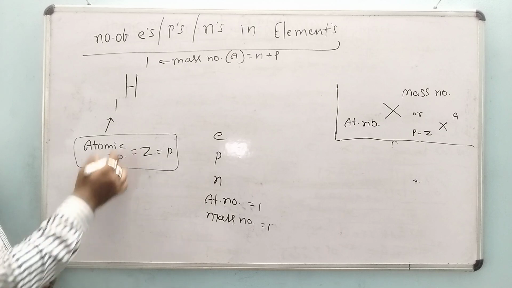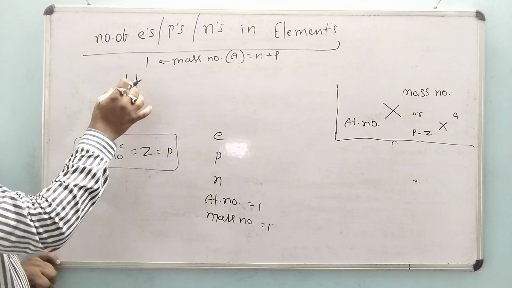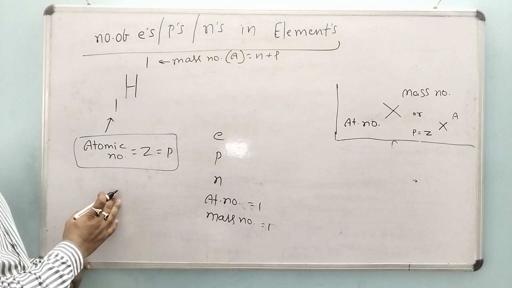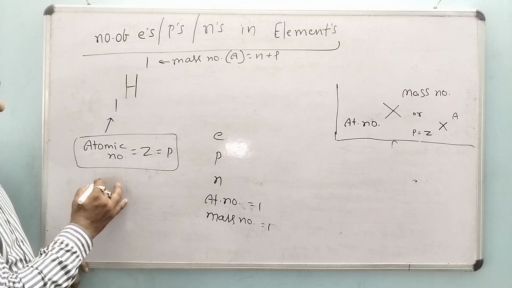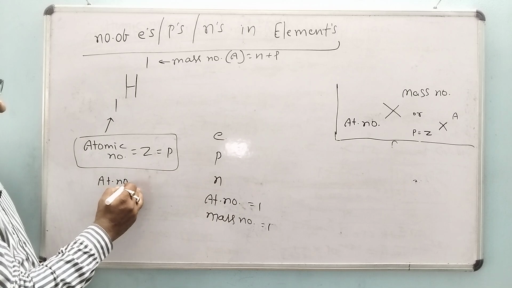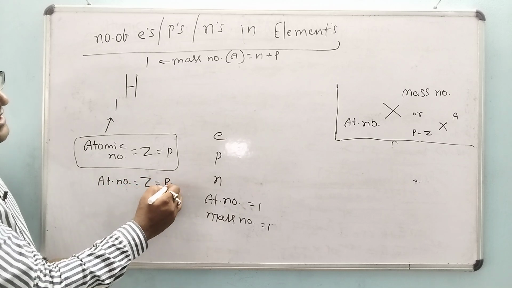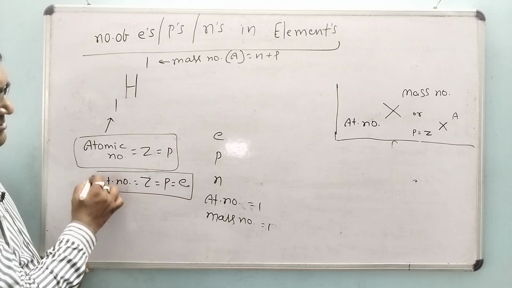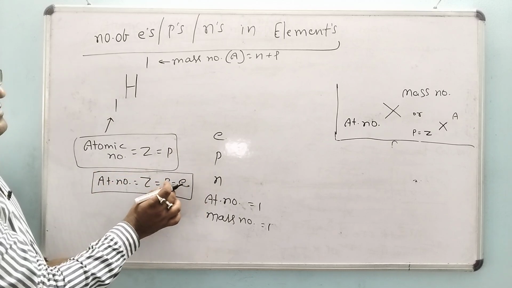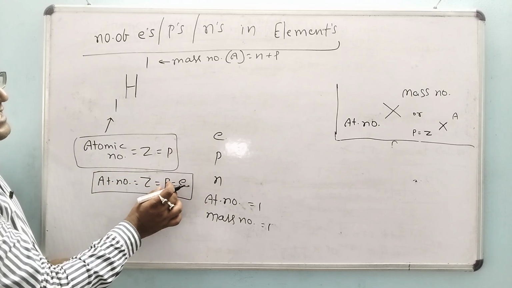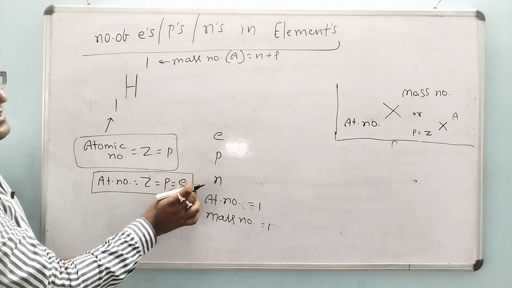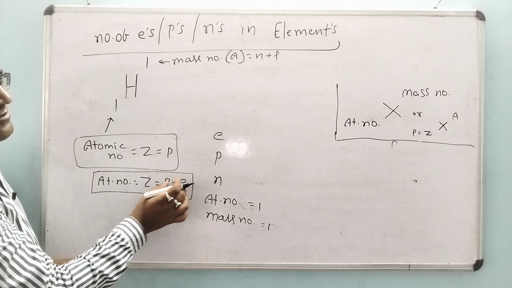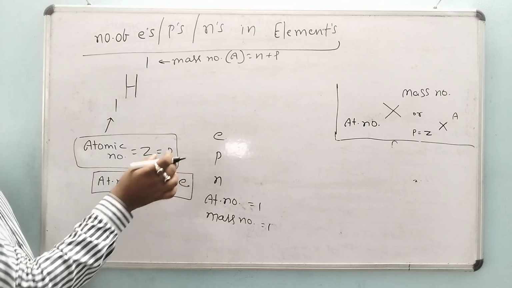So whenever atoms are neutral, if no charge is present on the atom, then Z is equal to P is equal to E. Because atoms are electrically neutral, the total number of positive charge inside the atom is equal to the total number of negative charge. It means the total number of protons is equal to the total number of electrons inside the atom.